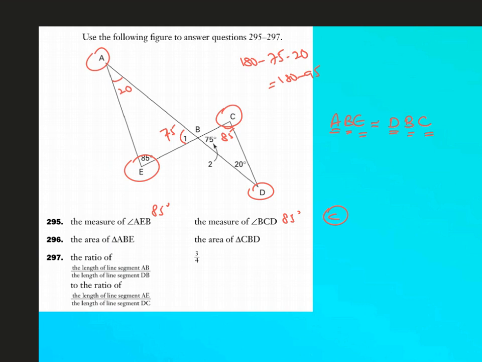Now I've told you this before, do not assume that the diagrams are drawn to scale. Now this one may appear to be smaller than ABE, but we cannot assume that. If they had given us the lengths, we can find the areas and compare them, but without the lengths, we cannot compare the areas. We cannot assume that length DC is less than AE.